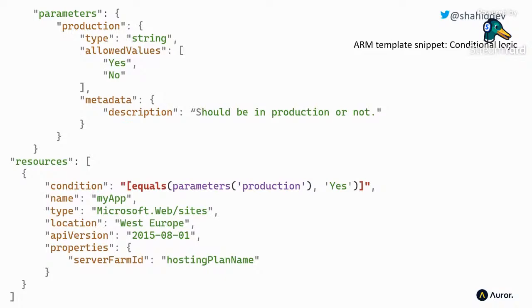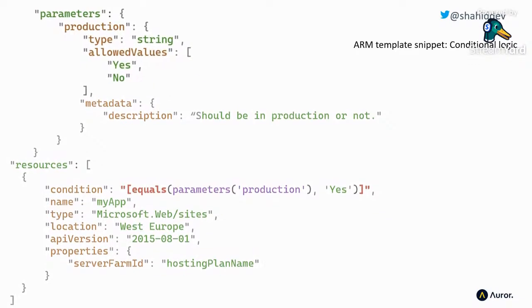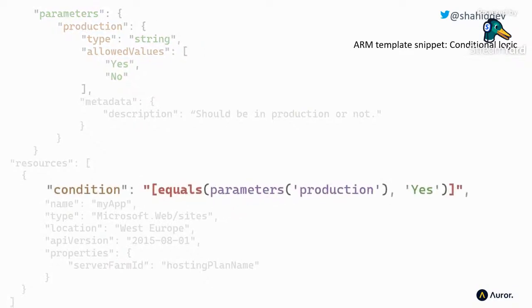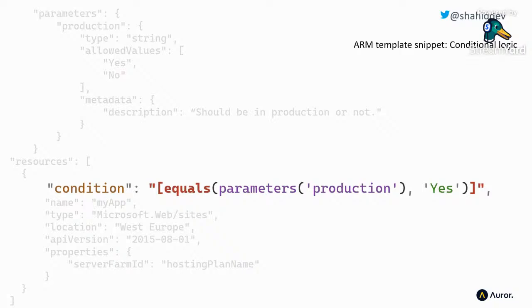So let's have a quick look at some examples of these problems. This is now an ARM template, and we're looking at conditional logic here. I'm going to whiz through this a little bit, but hopefully you'll get the point. Up here, we have a parameter which says, basically, is it production or not? And the allowed values are yes and no. Now, if I want to deploy a resource only if it's in production, I need to add this condition attribute.